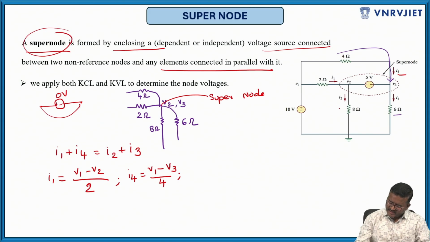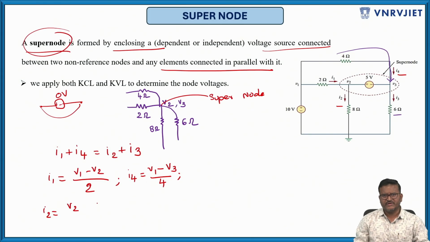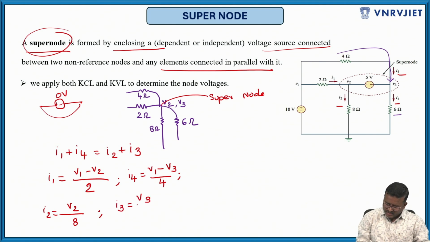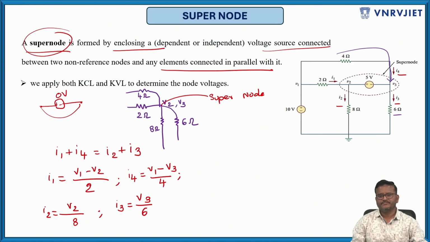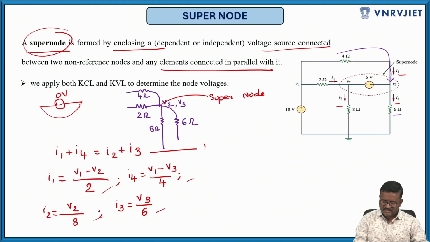Then what is I2? I2 is flowing from V2 to the reference node, ground. That ground voltage is 0, the reference voltage. So I2 is V2 by 8. The next is I3. I3 equals V3 by 6. So substitute I1, I2, I3 in this equation.